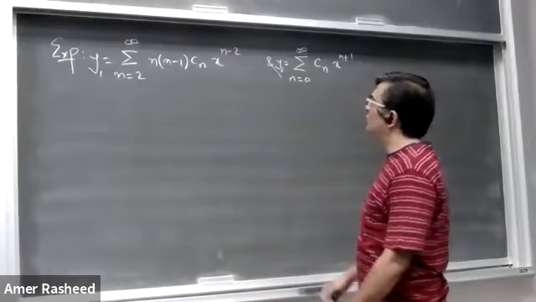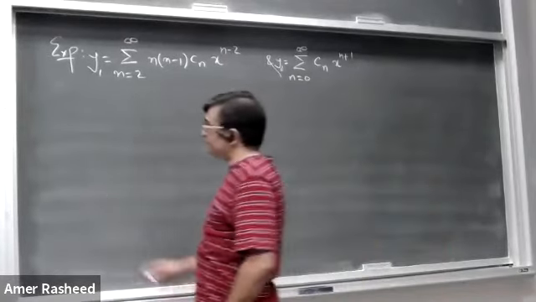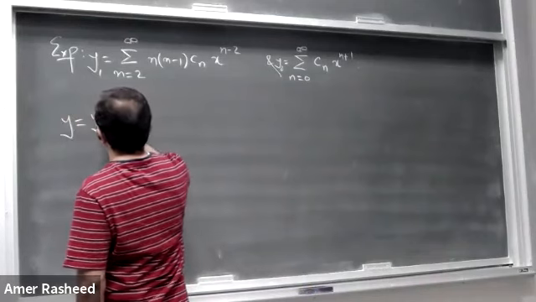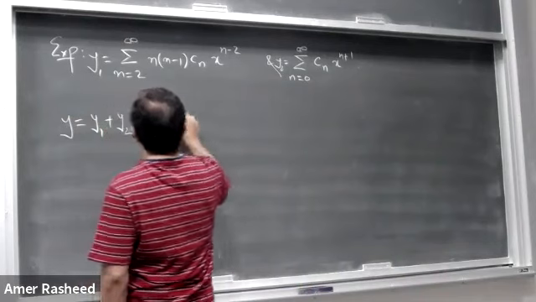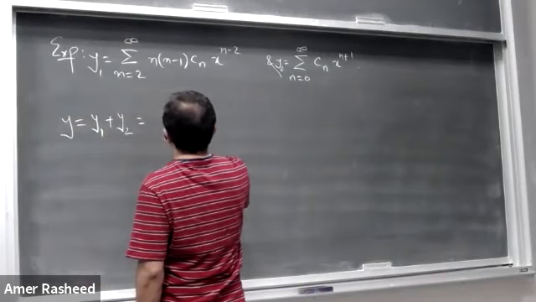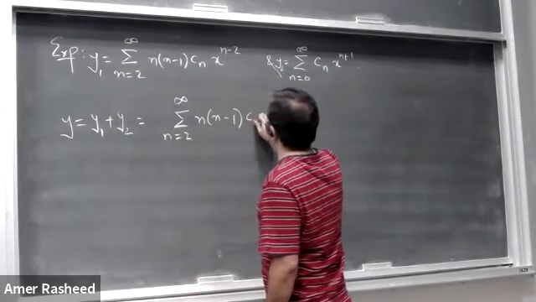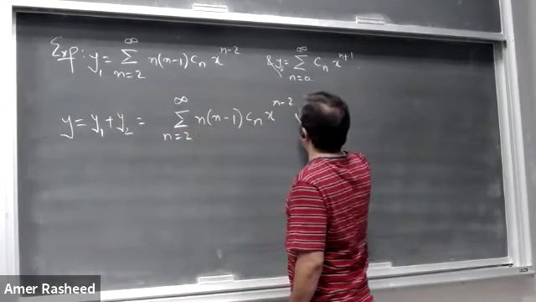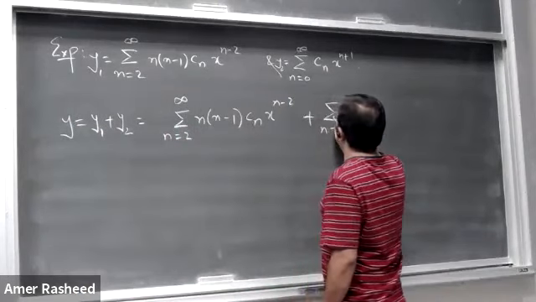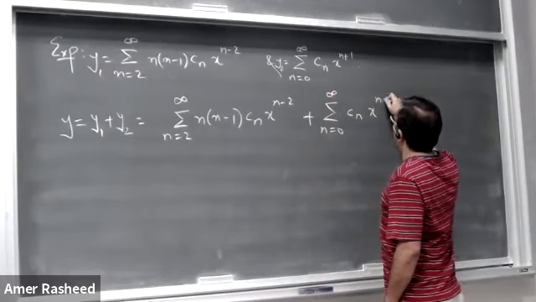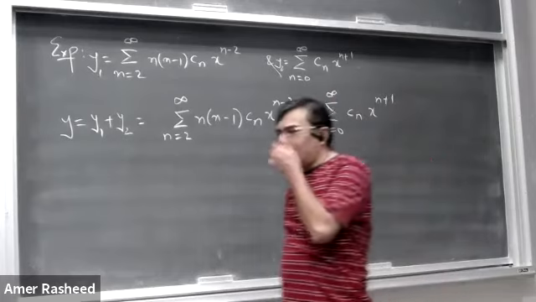How do we add them? Let y be equal to y1 plus y2. It should be summation n from 2 to infinity of n times (n minus 1) times cn x to the power n minus 2, plus summation n from 0 to infinity of cn x to the power n plus 1. Okay, we have added them.